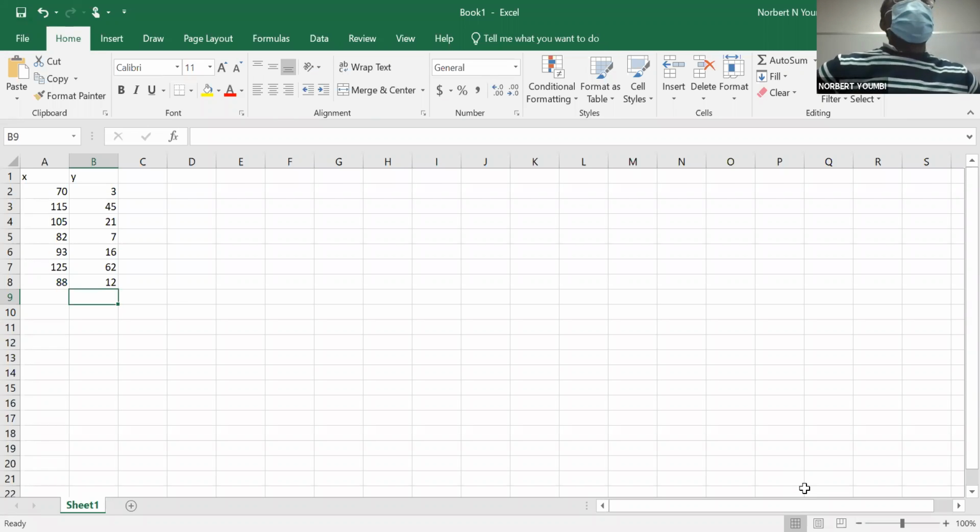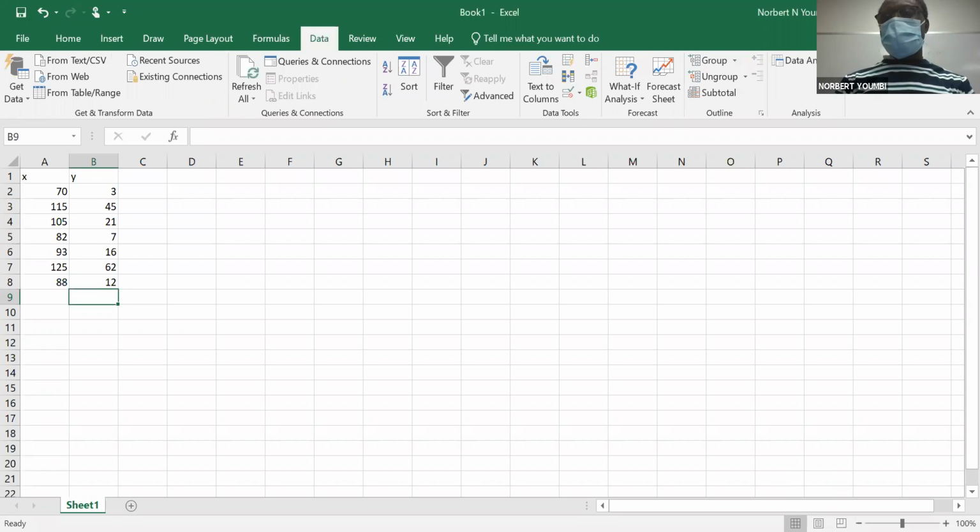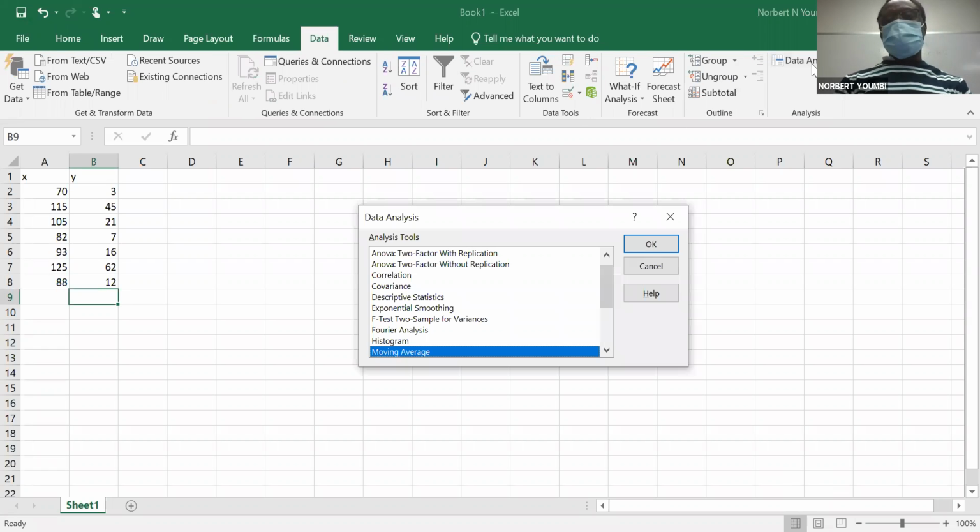Now, have you entered the data in Excel? Okay. So we will go to data analysis. You know how to do it: click Data first, then Data Analysis.